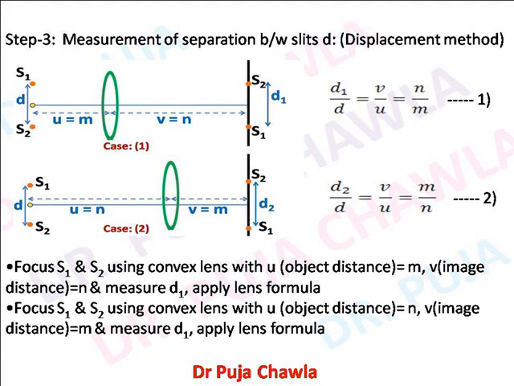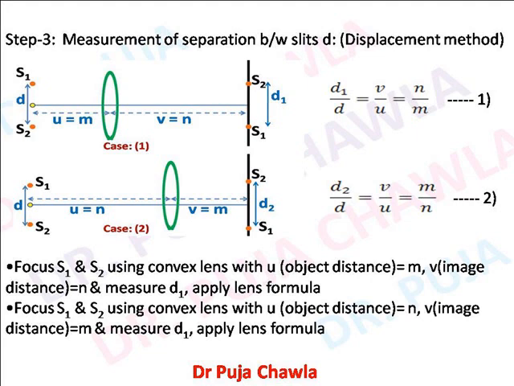Suppose the distance of the convex lens from the object is u equal to small m, and from the screen is v equal to small n. Now S1 S2 is small d, and suppose the height of the image is d1. Now I apply the lens formula.